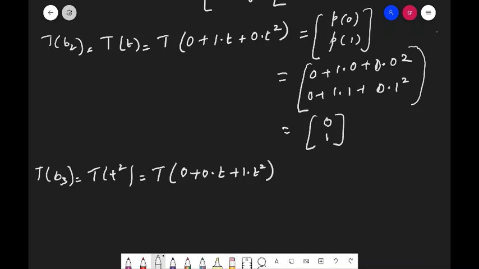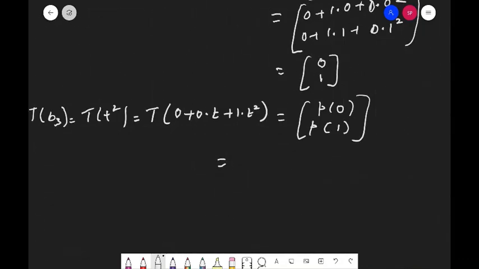If I write p of 0 and p of 1, this will be 0 plus 0 into 0 plus 1 into 0 square, and then p of 1 means 0 plus 0 into 1 plus 1 into 1 square.